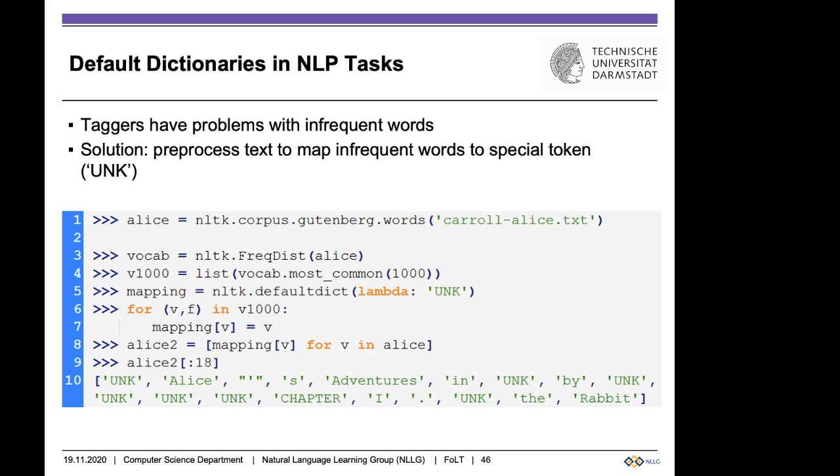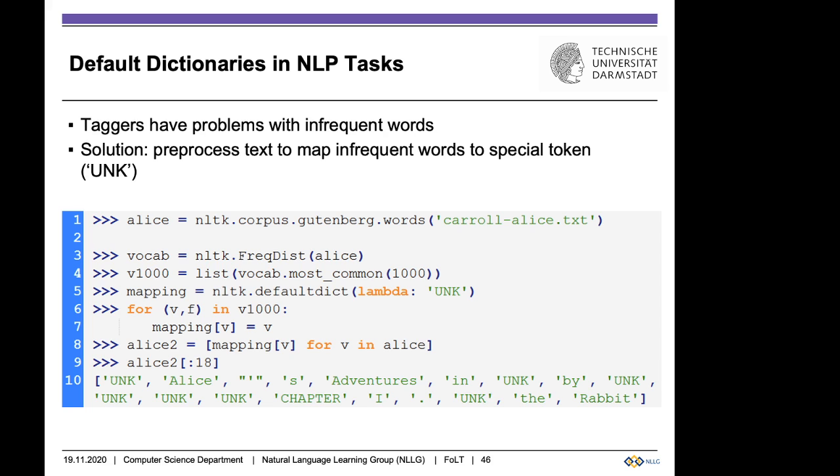From the dictionaries, we can then create mapping dictionaries with the goal that we want to map frequent words to the word itself, and map infrequent words to a special token UNK. So we first put all the frequent words into the mapping dictionaries.